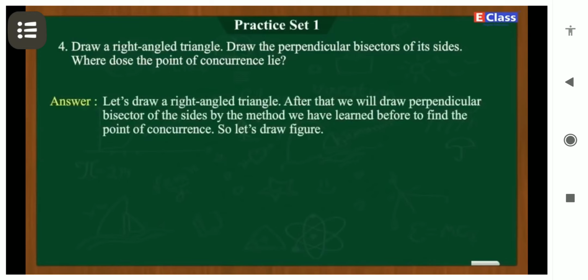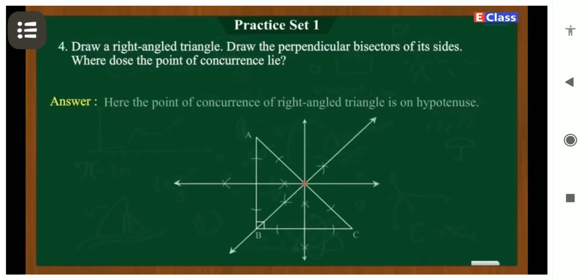After that, we will draw the perpendicular bisectors of the sides by the method we have learned before to find the point of concurrence. So, let's draw the figure. Here, the point of concurrence of the right-angled triangle is on the hypotenuse. Now students, please solve the remaining 5th question yourself.